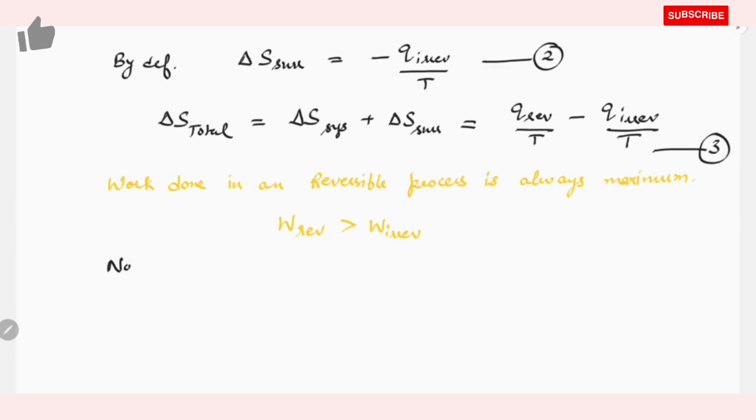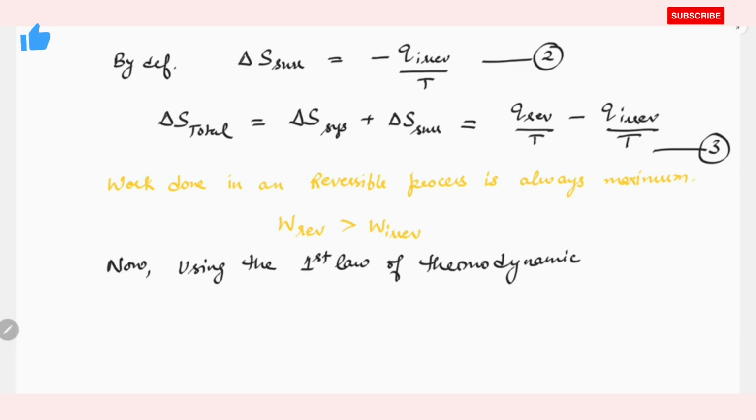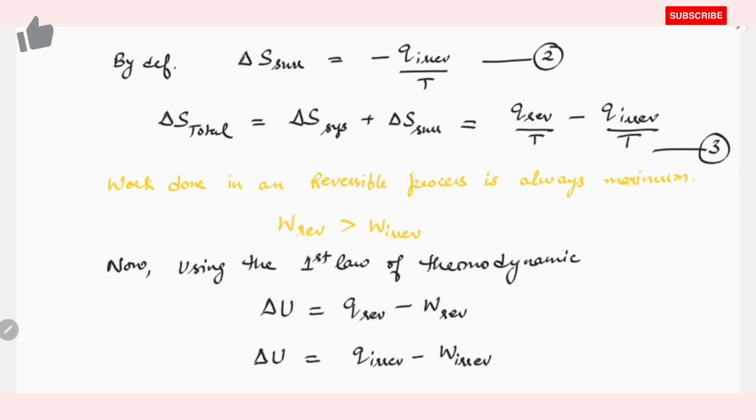Now, using the first law of thermodynamics, we can write that for any reversible process, delta U is equal to Q reversible minus work reversible, and similarly in case of any irreversible process we can write Q irreversible minus work in case of irreversible process.